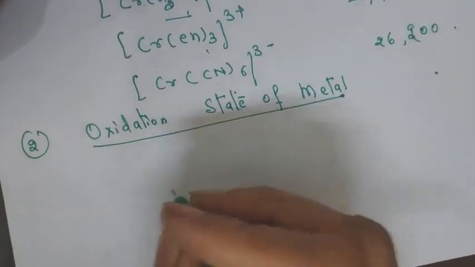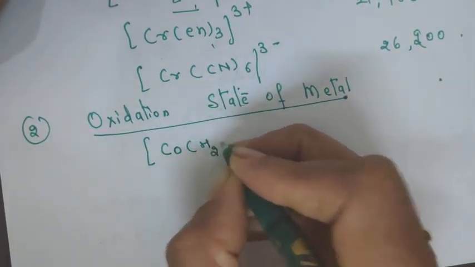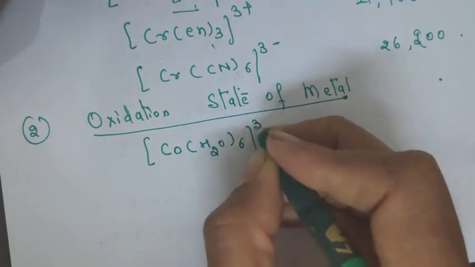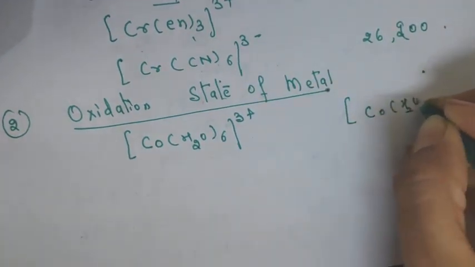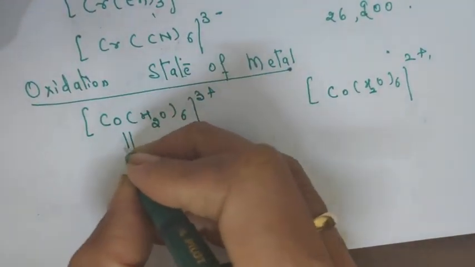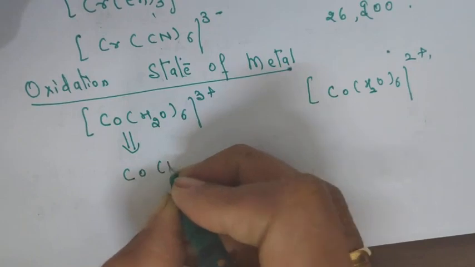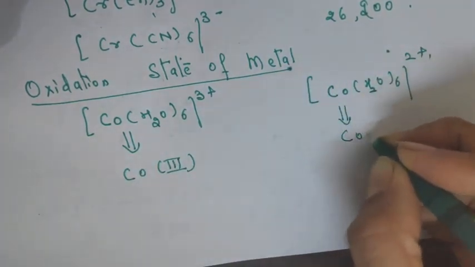Let us suppose you have two different complexes of cobalt: Co(H2O)6 3 positive, and another complex Co(H2O)6 2 positive. Here cobalt is present in +3 oxidation state, and here cobalt is in +2 oxidation state.